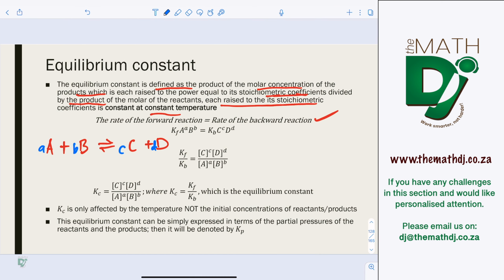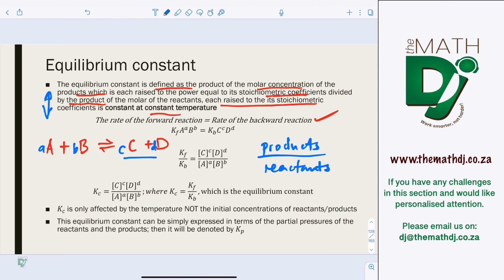Basically, you take the products and put them on top. So this is what we're trying to explain here.